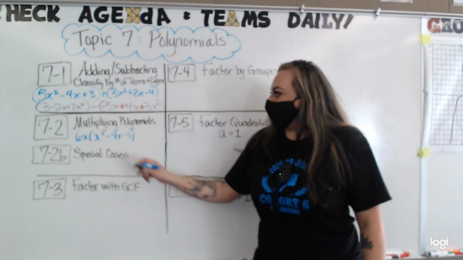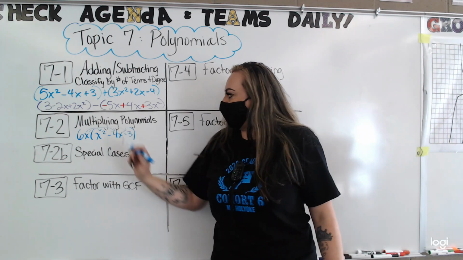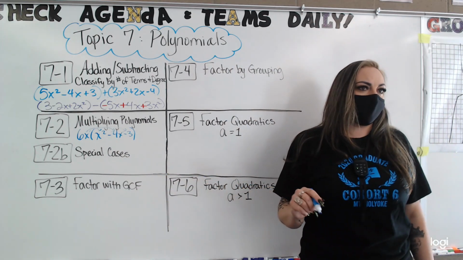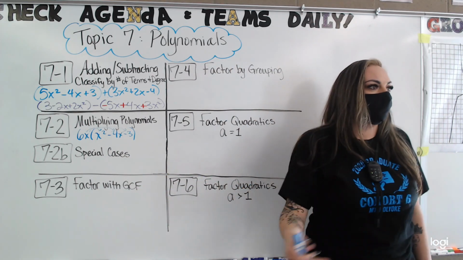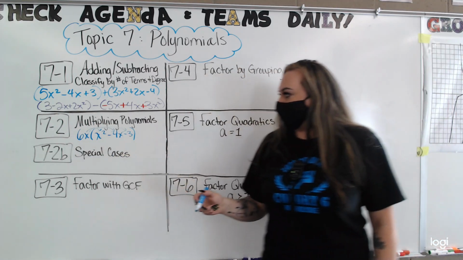Okay, so in this case, we're just showing our rainbows, our arrows, whatever you want to call them, and we're making sure we multiply every term in the front set, the monomial times every term in the trinomial.